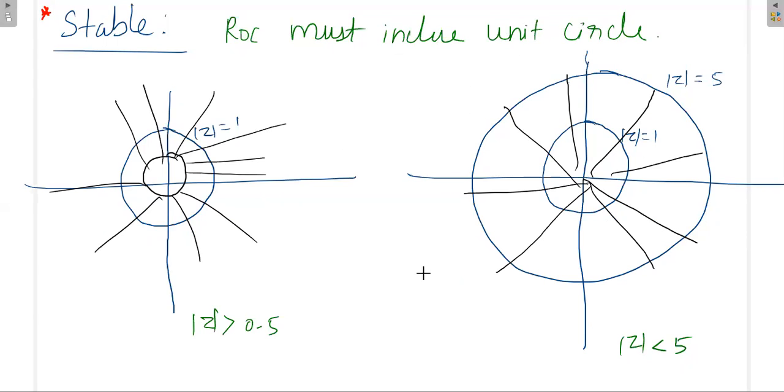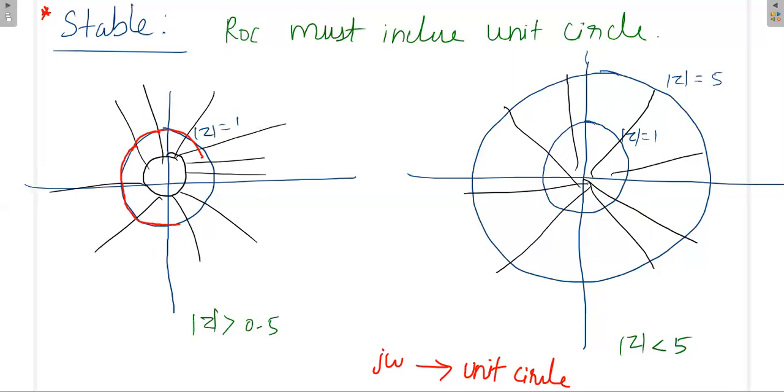Because we know that the j omega axis is something similar to the unit circle mapping. Again, this one is the reference circle, that is mod z equal to 1.